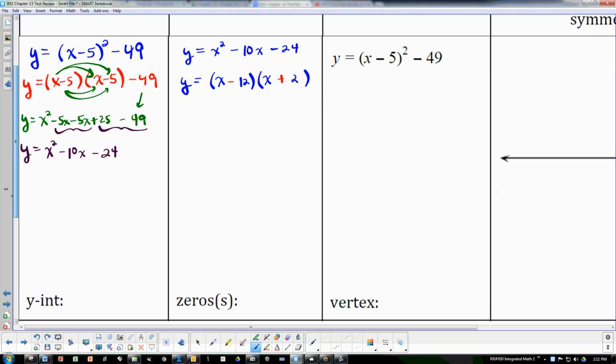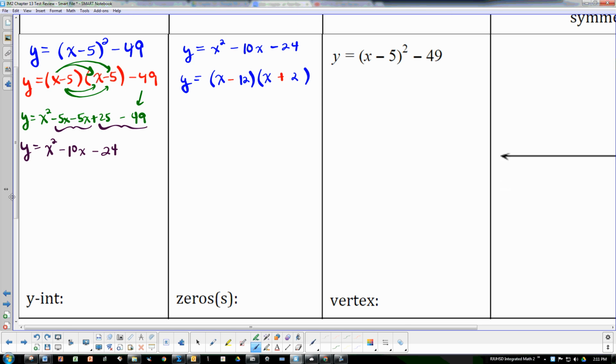Now let's fill in all this important information. For a y-intercept over here in the standard form, the y-intercept is always your c value, so that's going to be 0, negative 24. And then over here we're asking for the zeros. Well, we know the zeros are going to be x is equal to 12 and x is equal to negative 2.